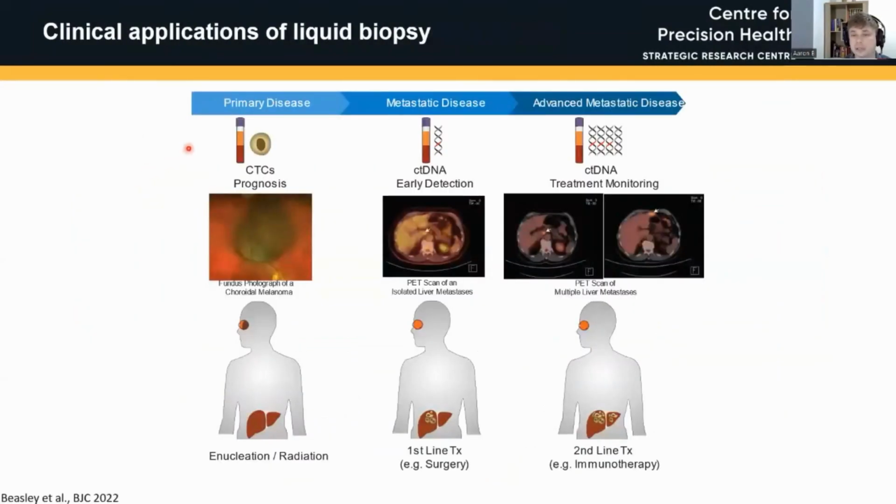So I think the evidence currently suggests that for prognostication at primary disease, circulating tumor cells might be a suitable candidate. But for monitoring for disease recurrence, or onset of metastases, circulating tumor DNA might be useful to intertwine between radiological scans.